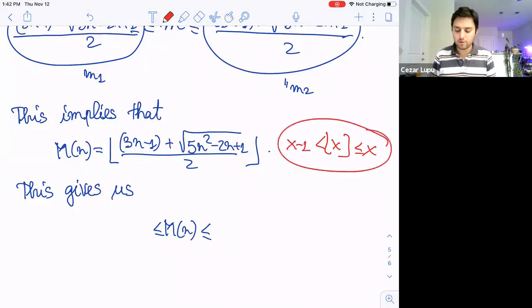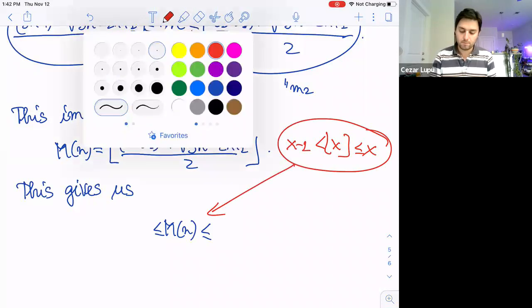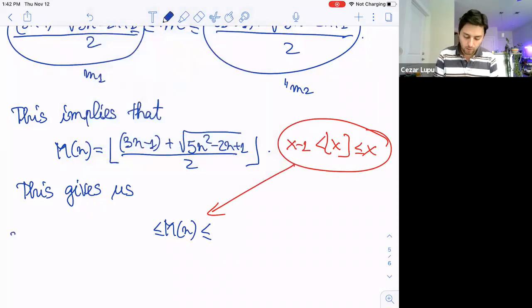So keep in mind that we have this property and we're going to use it here. So by using this, it will be 3n minus 1 plus the square root.